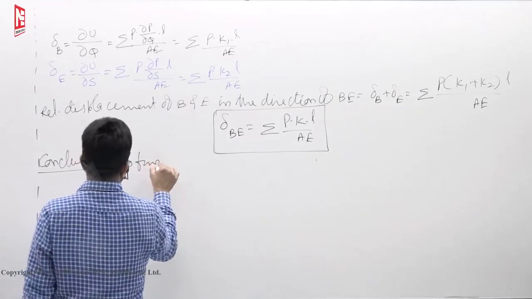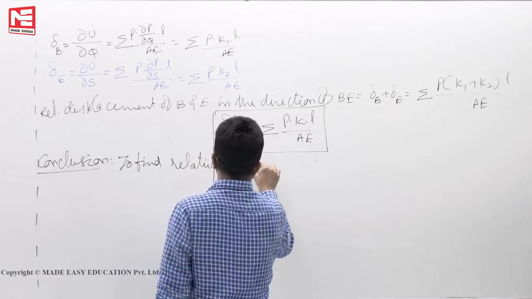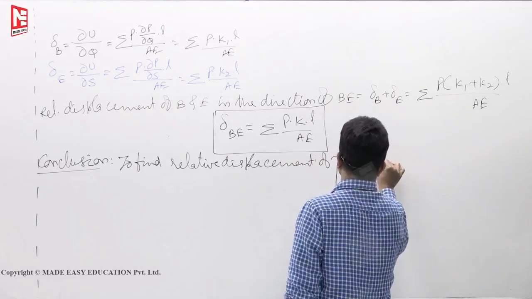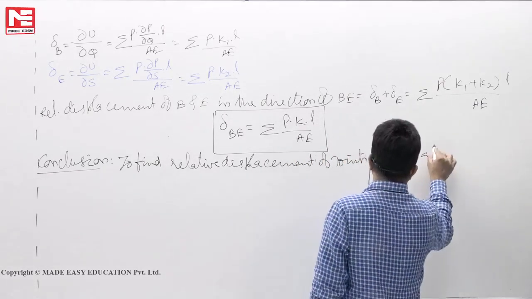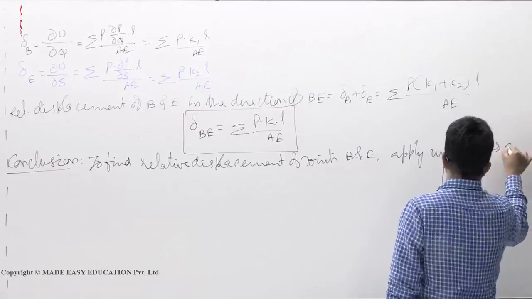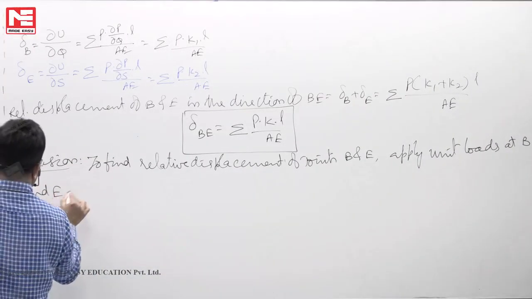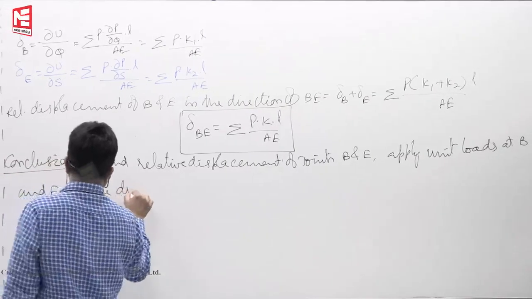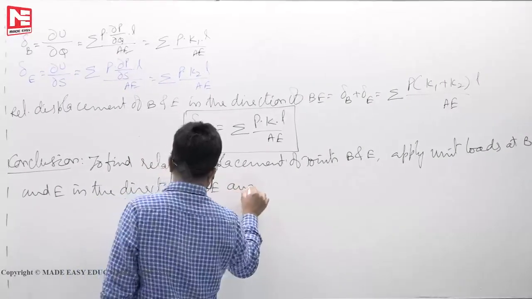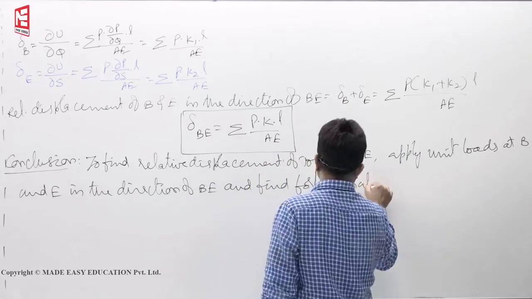To find the relative displacement of joints B and E, apply unit loads at B and E in the direction of BE and find the forces in all members.